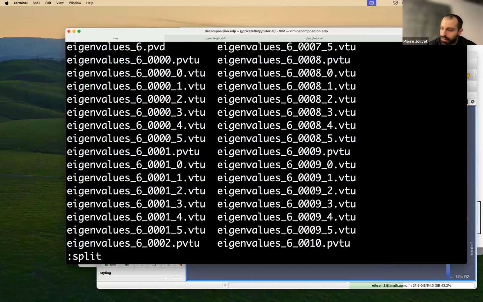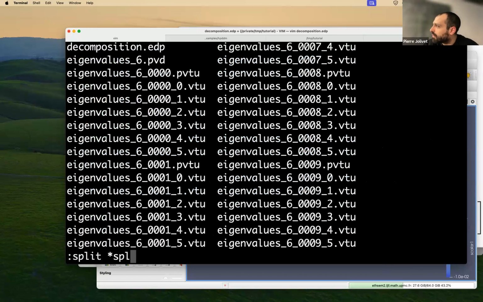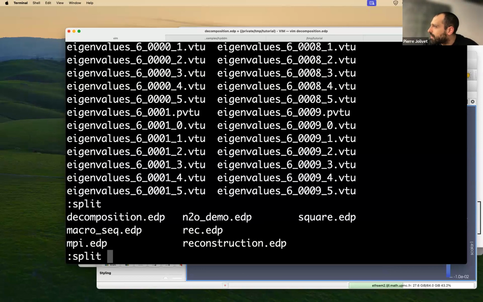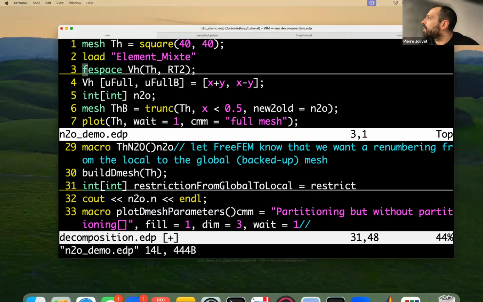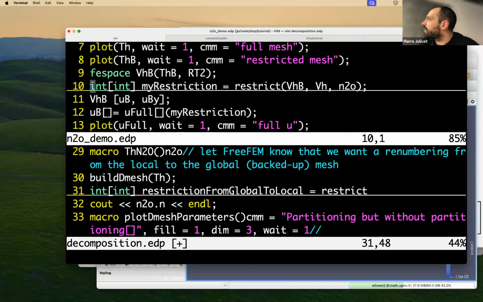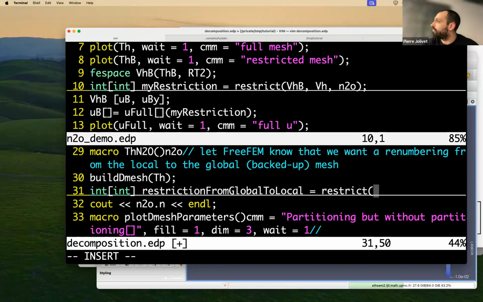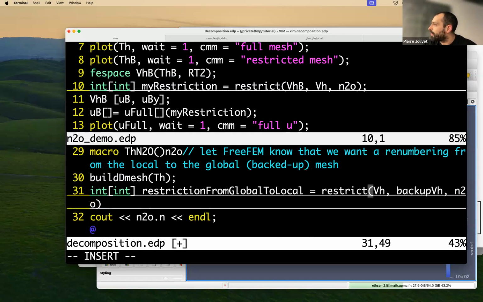Okay, so let's try to be slightly smarter than previously. The name of the script was N2O demo. Okay, and the order is, oops, sorry, the order is N2O. So restrict, it's first the restricted FE space. The restricted FE space in this case is just VH. And then the unrestricted FE space, in this case, it's backup VH using the N2O parameter.